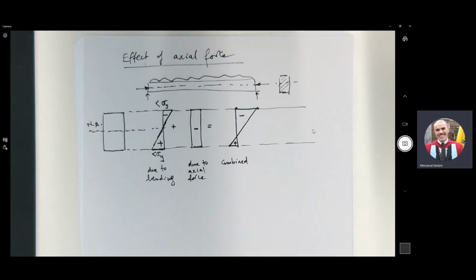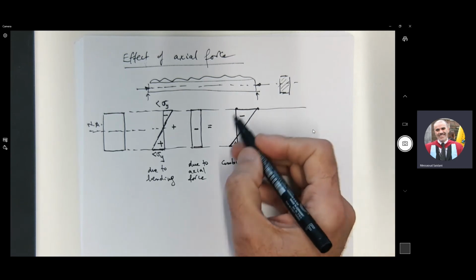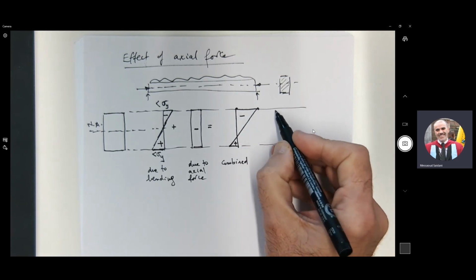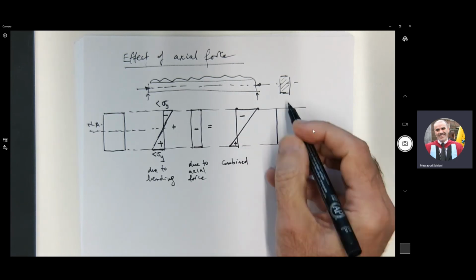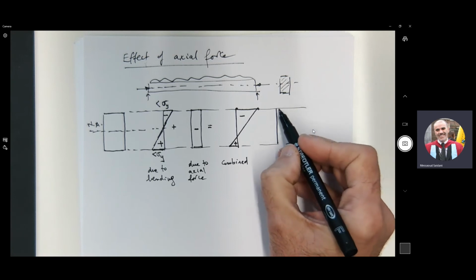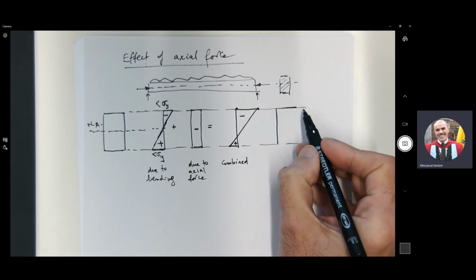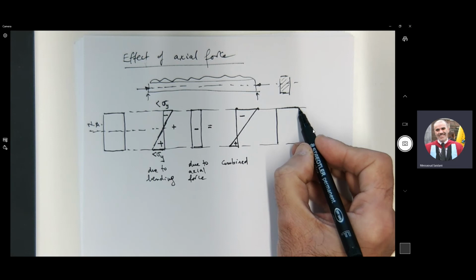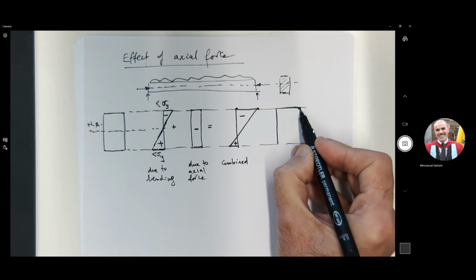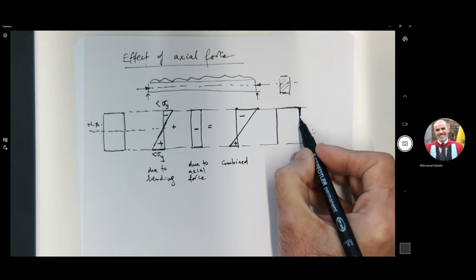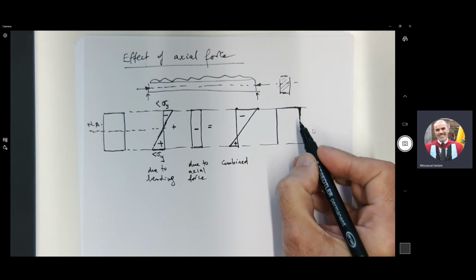What happened then if you keep increasing the load? When you keep increasing the load, at some point you start getting yielding forming, isn't it? So we start the yielding at the top there, and we have more yielding.